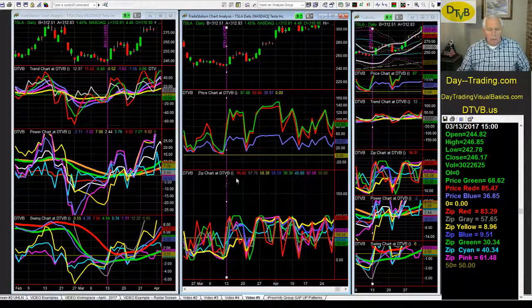But sometimes we can see that it's likely to be a pinpoint, and there are various things that will tell us that. The ZIP green in itself is in a bottlenose, and that gives us a real strong indication that it's going to be reversing back up just like a normal bottlenose down pattern does.